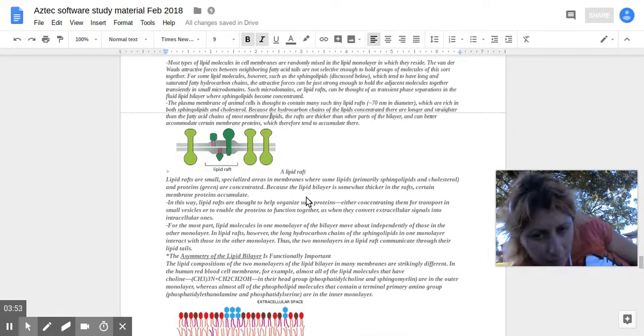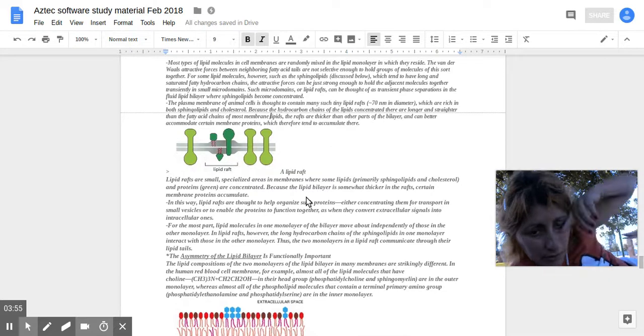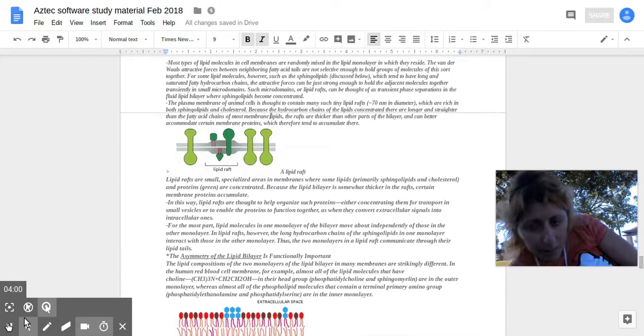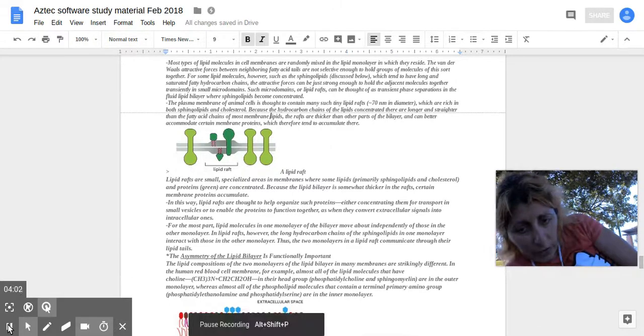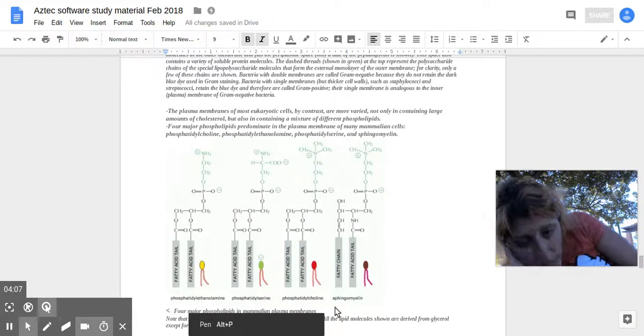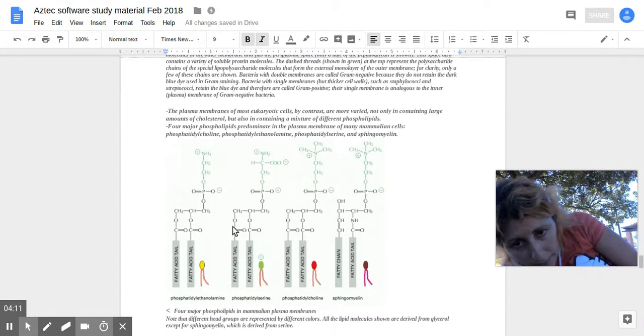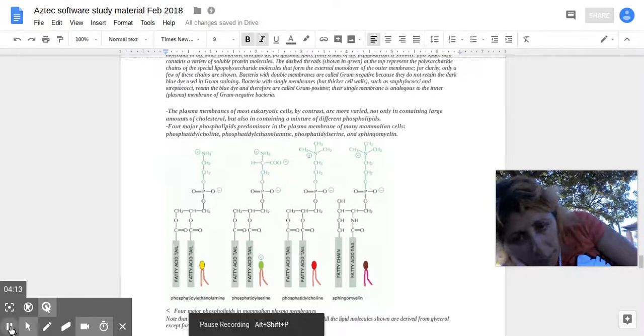In their function, phosphatidylcholine and sphingomyelin are usually in the outer monolayer of bilayers. So the choline and sphingomyelin are those two on the far right, in the outer membrane.